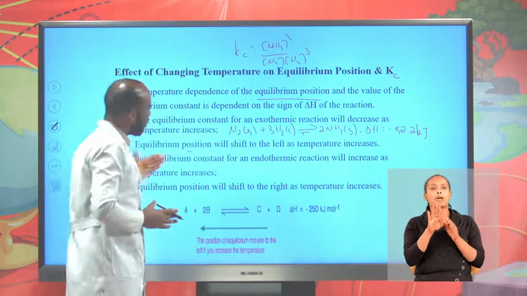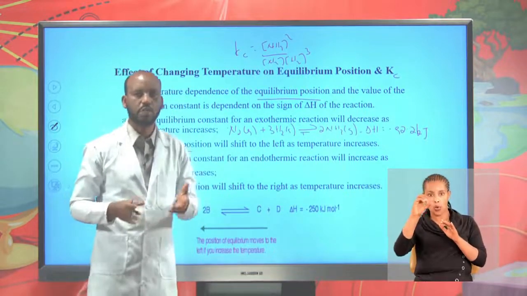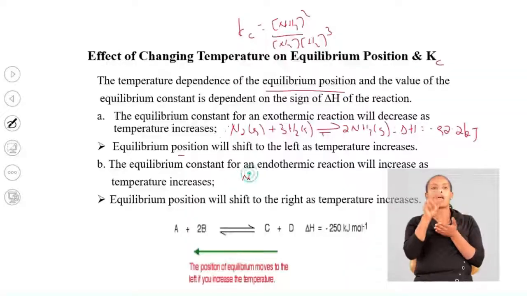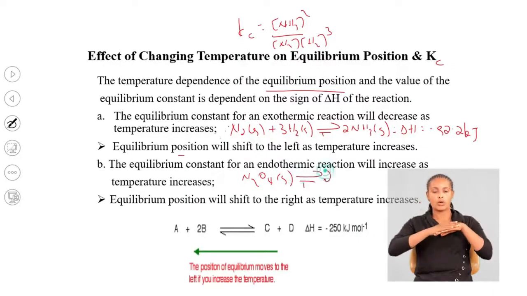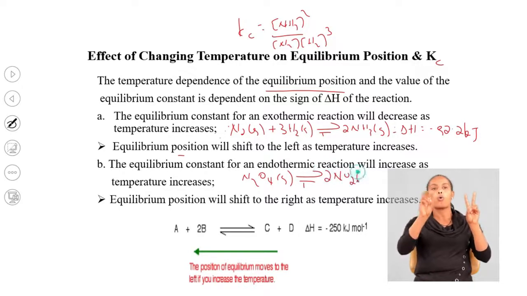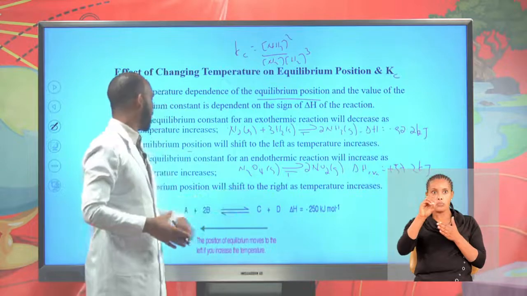B. The equilibrium constant for an endothermic reaction. Take one of the endothermic reactions: N2O4 gas in equilibrium with 2NO2 gas. Delta H of the reaction is plus 57.2 kilojoules. Now the forward reaction is endothermic, the reverse reaction is exothermic.